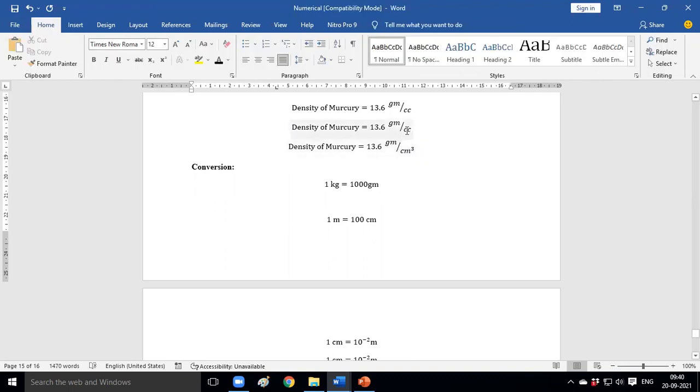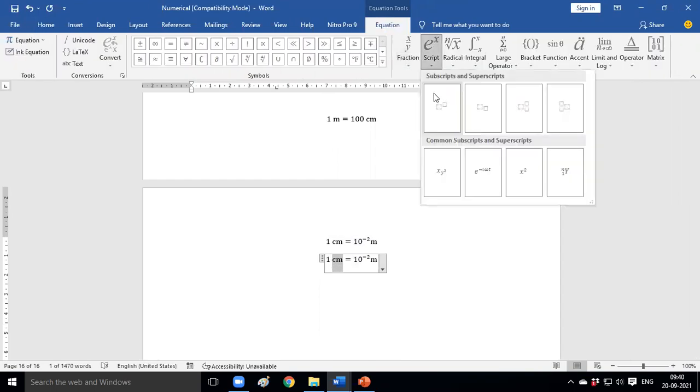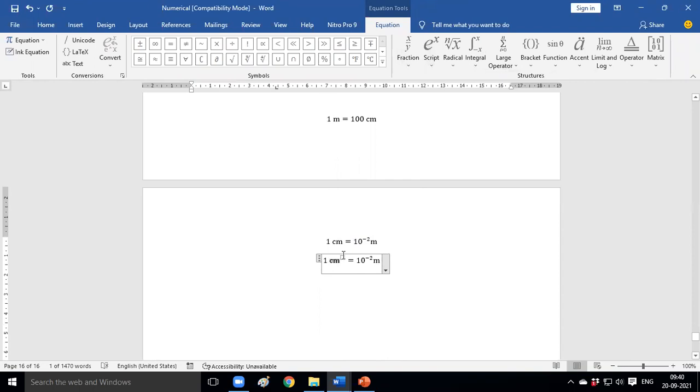Is this equation visible? Yes, sir. cc is replaced by cm cube, which means centimeter cube. And see here the conversion: 1 centimeter is equal to 10 to the power minus 2 meter. So we need to convert cm to centimeter cube. We replace this cm with cm cube, and this meter is replaced by meter cube.